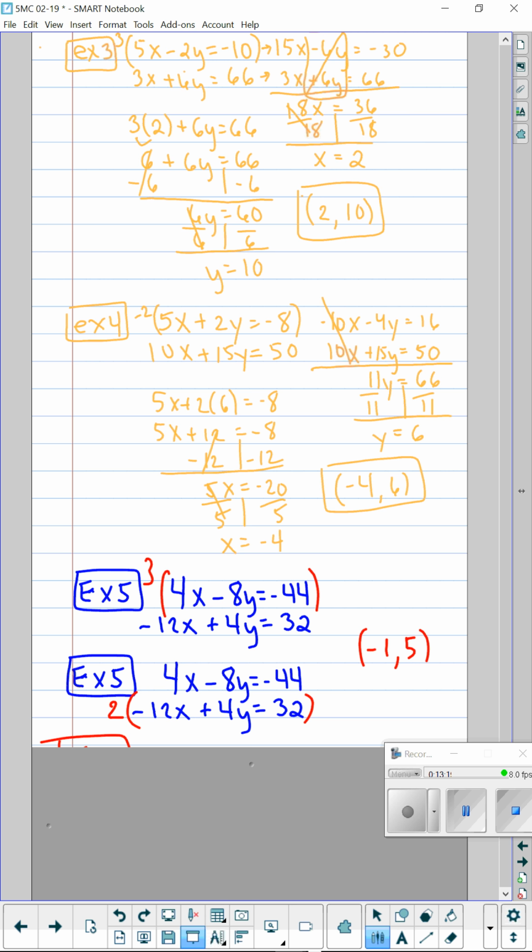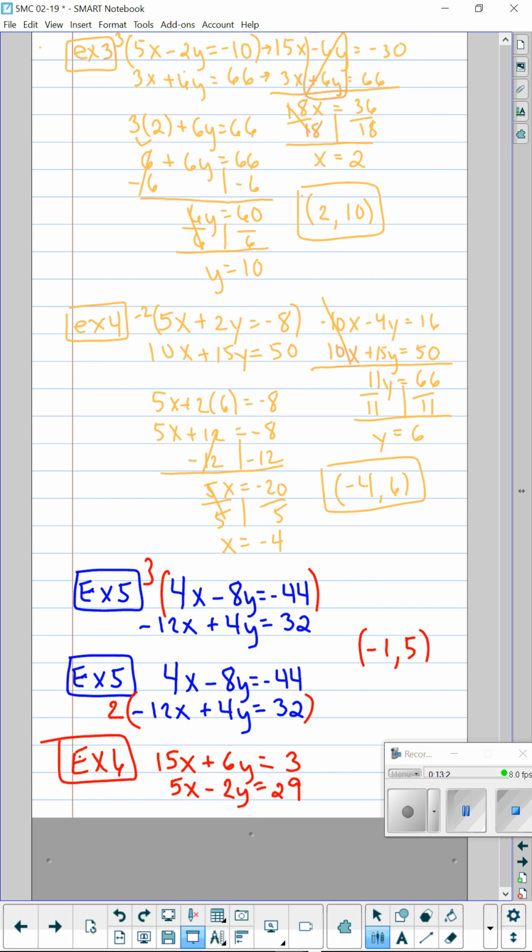Okay, and then jumping to example 6. This time I have 15x plus 6y equals 3 and 5x minus 2y equals 29. So this time I can see that if I look at the x's, I could multiply the bottom equation by negative 3. That would give me a 15x and a negative 15x.